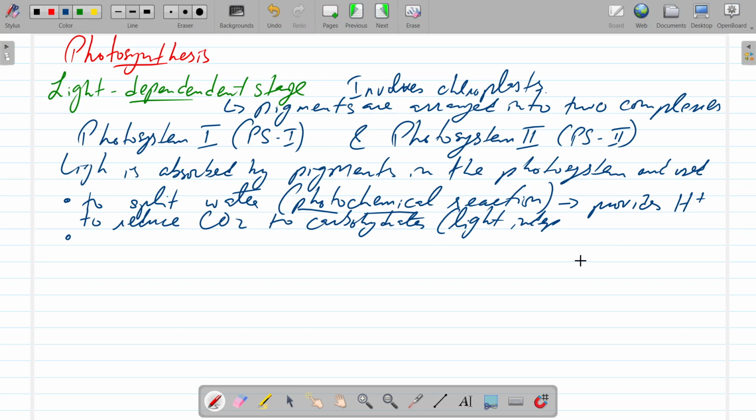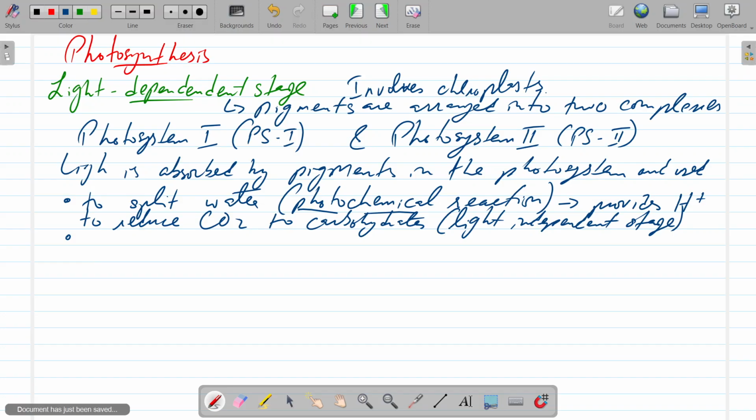They're used to reduce the carbon dioxide to carbohydrates in the light independent stage. So they're taken to the next one. Also, electrons are used to keep the photosystem running. We'll talk about that detail when we talk about each in a bit more detail.